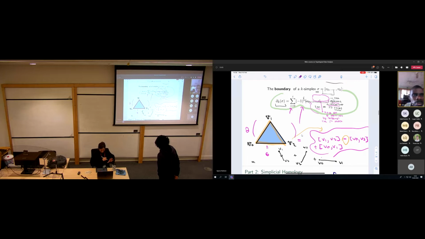The boundary is V0V1, V1V2, V2V0, and V2V0 is minus V0V2. That's the minus there, because you do that to fix the boundary. That's really the trick. In general it would be too long and technical to give the full definition, and since this is supposed to be an applied topology lecture for applications, you can find that definition elsewhere.